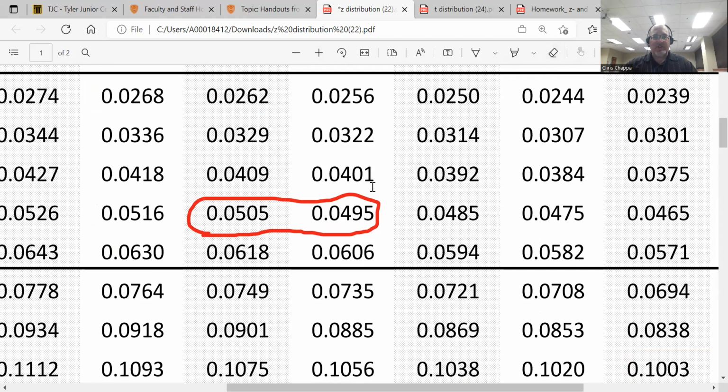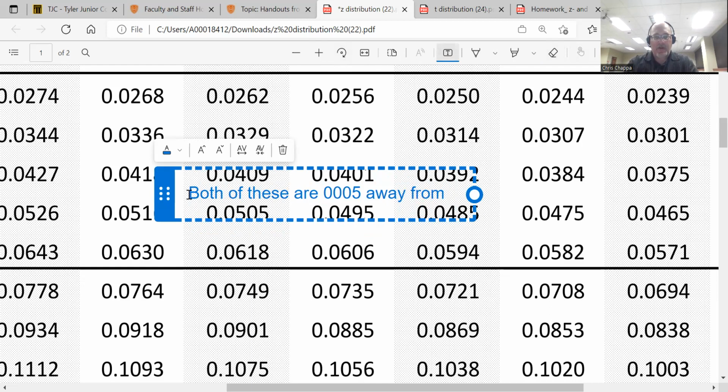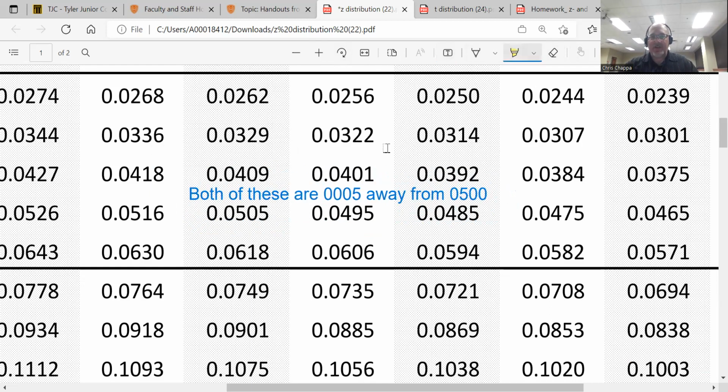The answer is it's a tie. It's a tie because both of these are 0005 away from 0500. Let's highlight the numbers. Both of these are the same distance from 500.